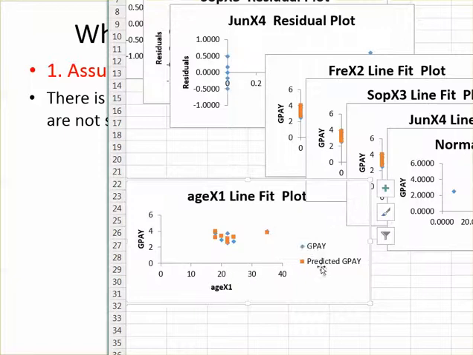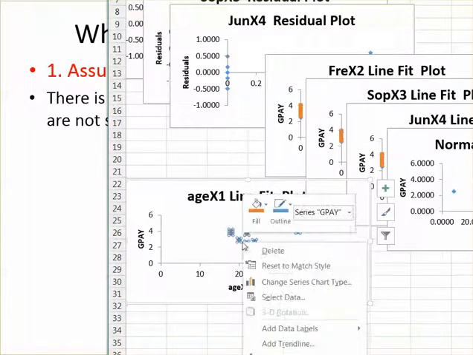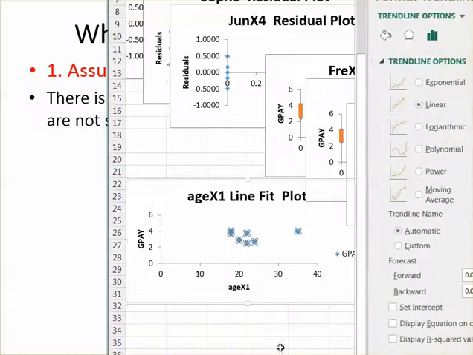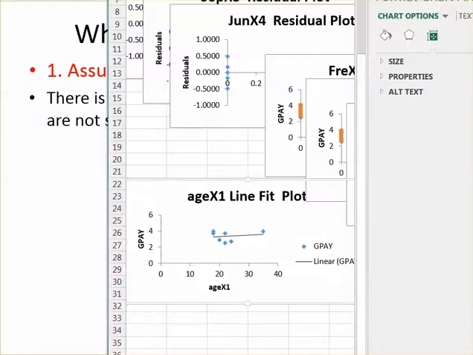In this plot, you can find we have orange dots. Those are predicted values, so we don't need them. Choose any orange dot and press the delete button on the keyboard. Now you only have the blue dots left. That's the GPA. Then choose any of the blue dots, right-click the mouse, find add trend line, choose the linear one, and close it.